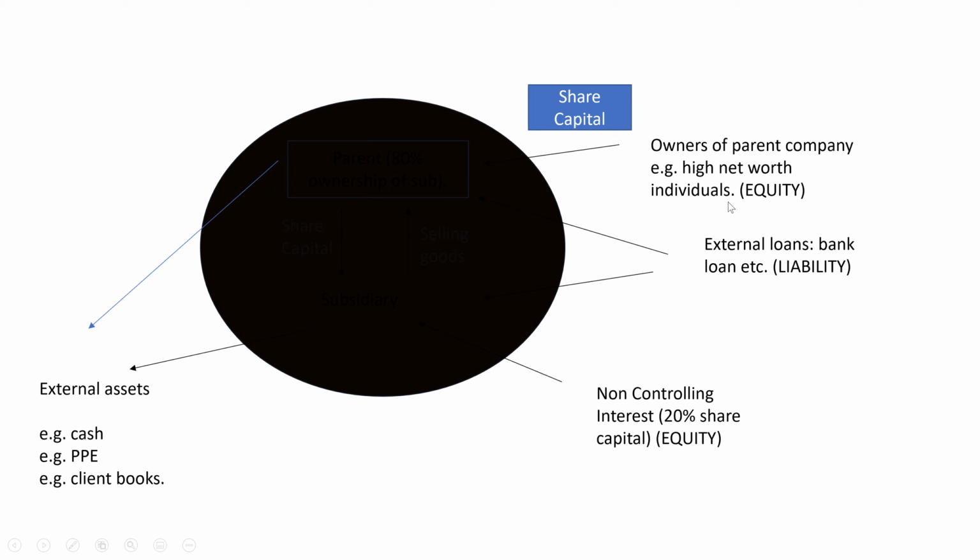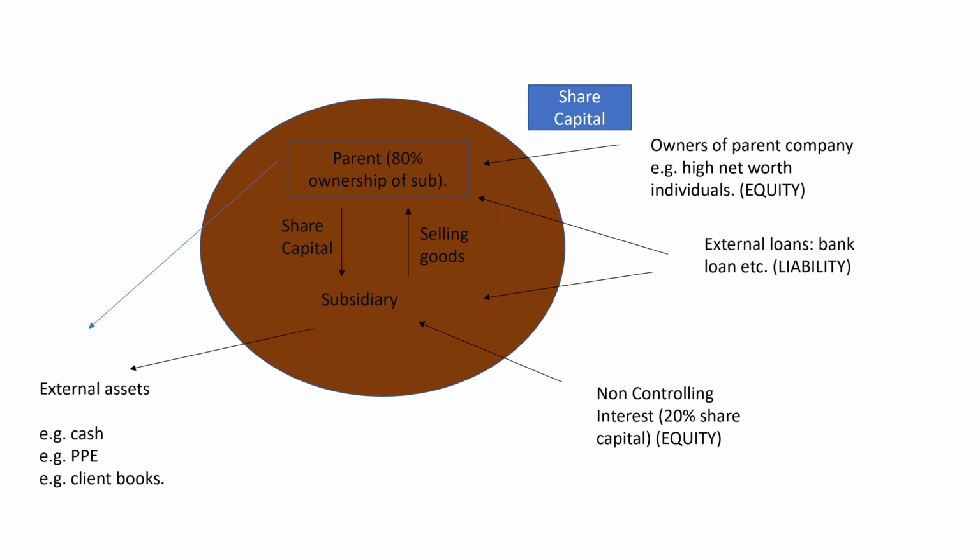So we think of it like how the company is interacting with, I mean, its external investors. So from an equity perspective, the external investors are going to be the owners of the parent company who are putting share capital into the group, as you can see from this diagram. So I initially blacked it out.